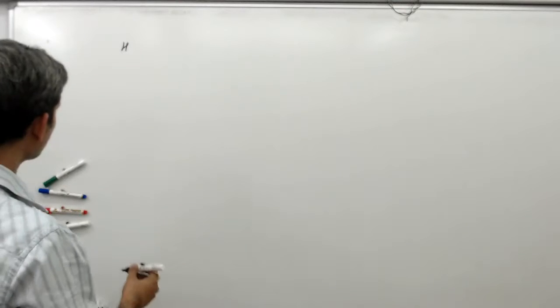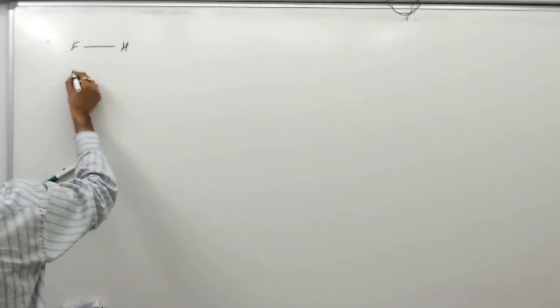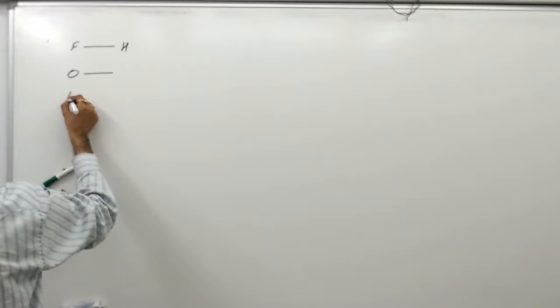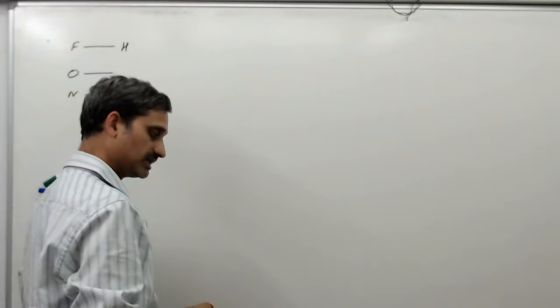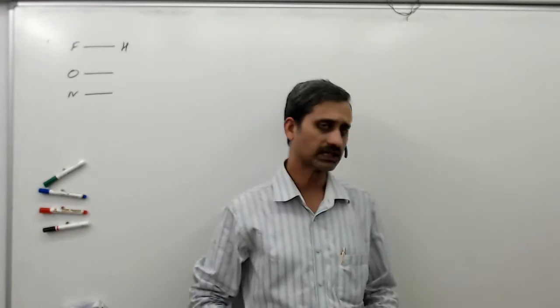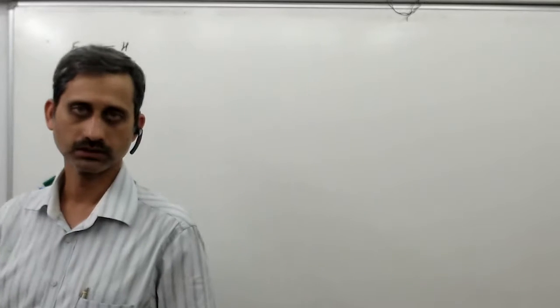So if hydrogen is attached to extremely electronegative atoms like fluorine, oxygen, or nitrogen, then this hydrogen is going to have a substantial positive charge. This dipole is going to be extremely strong, so much so that this dipole almost becomes a weak covalent bond.